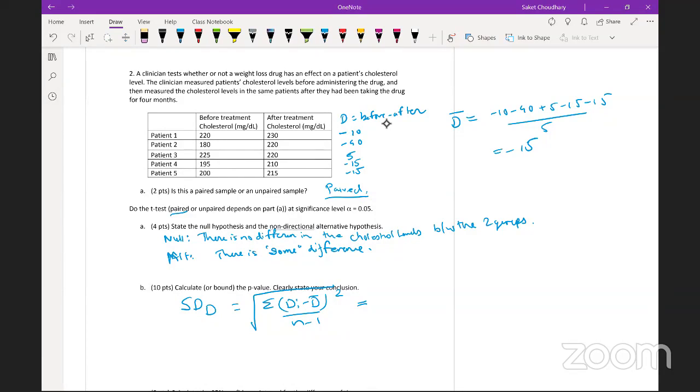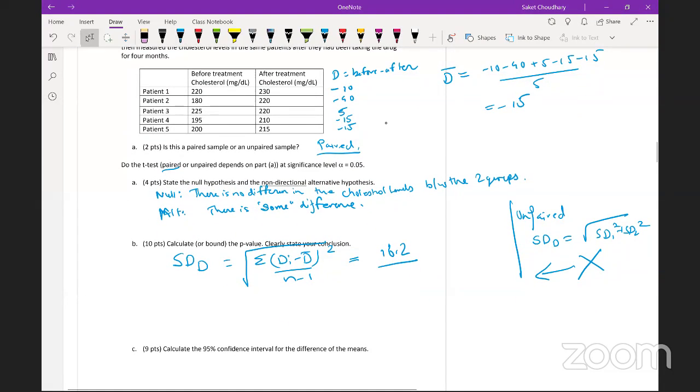What's not right, if you do it the wrong way, is that if this was an unpaired setting, then your standard deviation is given by this other formula. You can't use this for this particular problem because we are working in the paired domain. You still get partial credit if you use the wrong formula, but make sure you understand it's not the right approach.